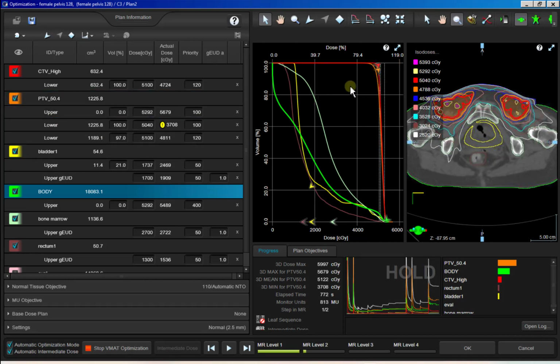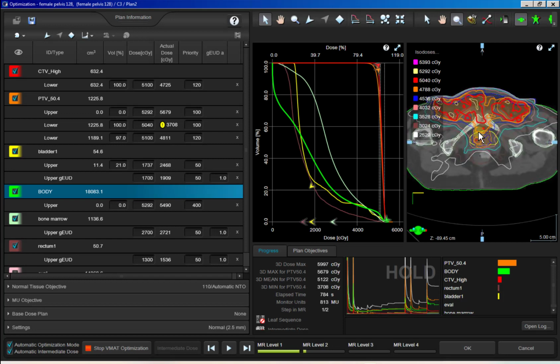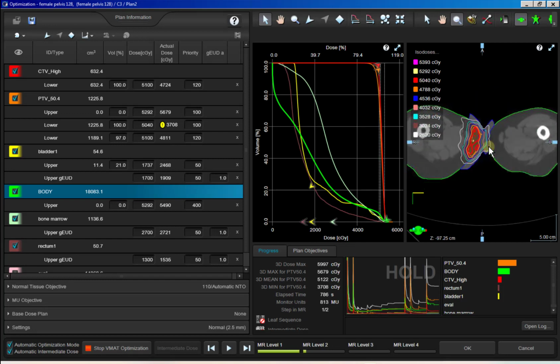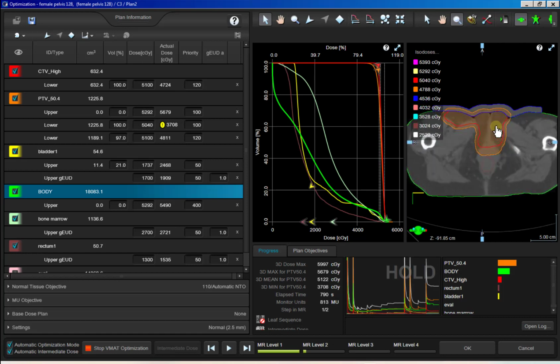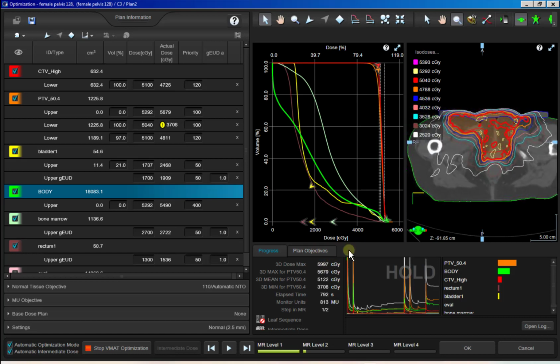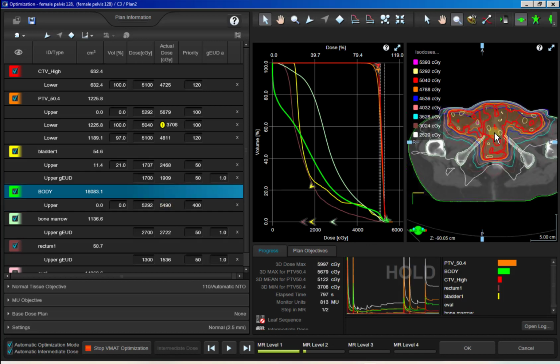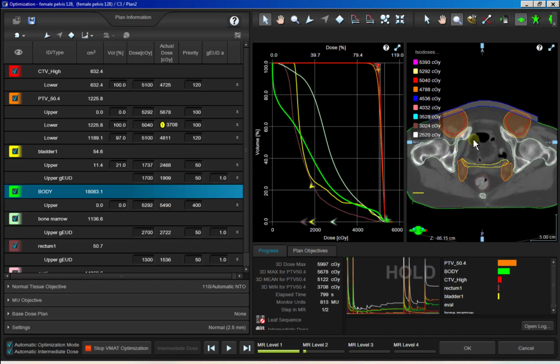So our PTV coverage could be a little better. It didn't improve too much. And our hotspot is right up against, it's in our bolus. I know that because this number is so much higher than this number. So it tells me we're struggling to get coverage superficially.